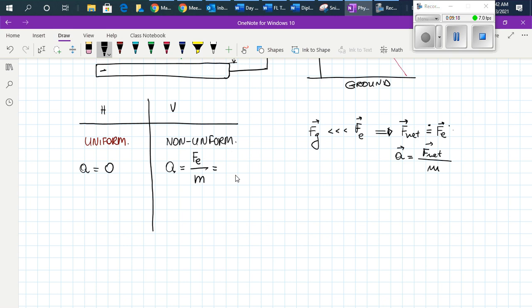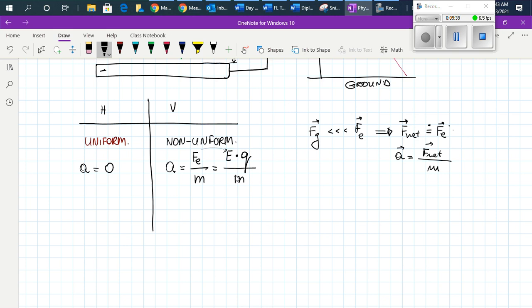On the other hand, the electric force between the two parallel plates is the electric field strength times the charge of the particle that is entering between the two parallel plates, over mass. So this is just the electric force.